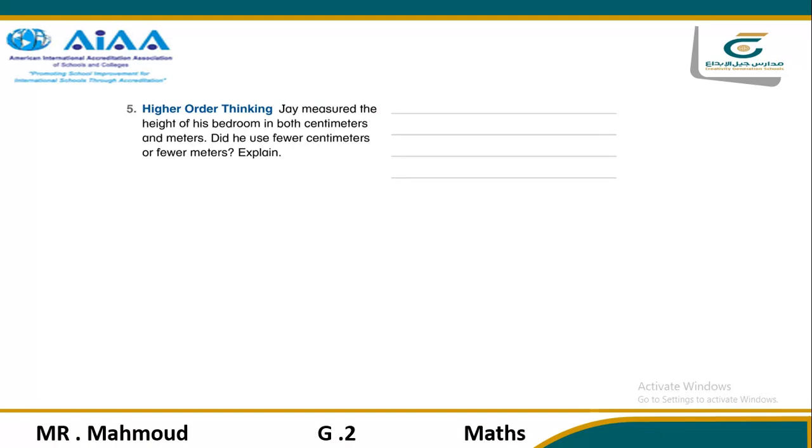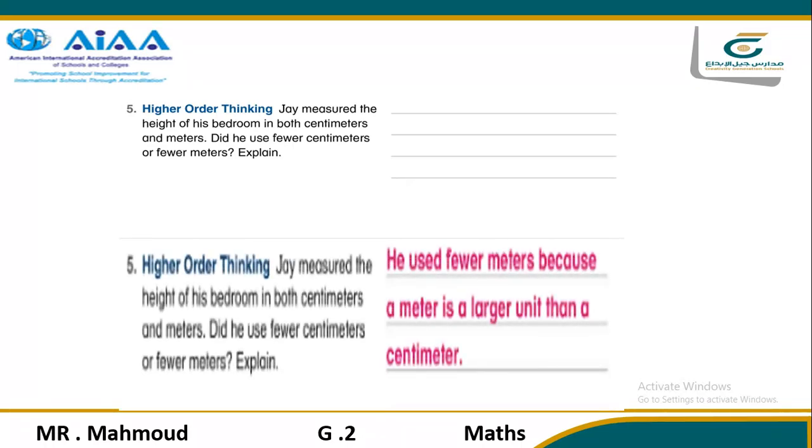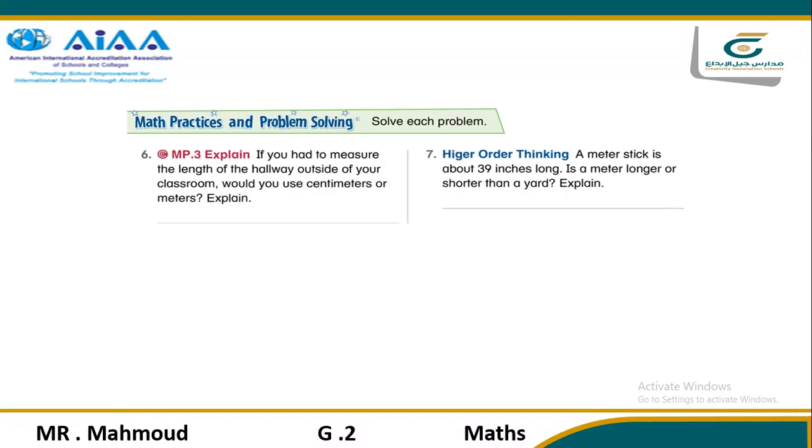Here Jay measured the height of his bedroom in both centimeters and meters. Did he use fewer centimeters or fewer meters? Our answer here, he used fewer meters. Why? Because a meter is a larger unit than a centimeter, and a centimeter is a shorter unit than a meter. Another question.